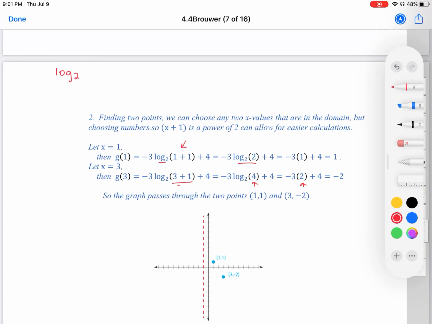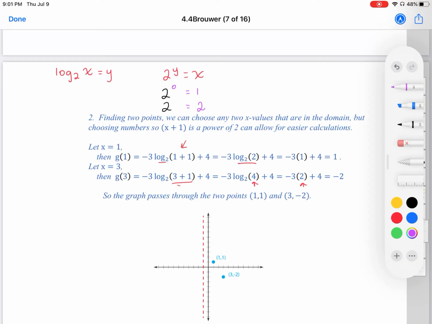I know if I write this in exponential form, this would be 2 to the y power equals x. So we have to carefully think what we want. We want numbers that have a base of 2 and will make a true statement. So I know if I want an answer of 1, my y has to be 0.